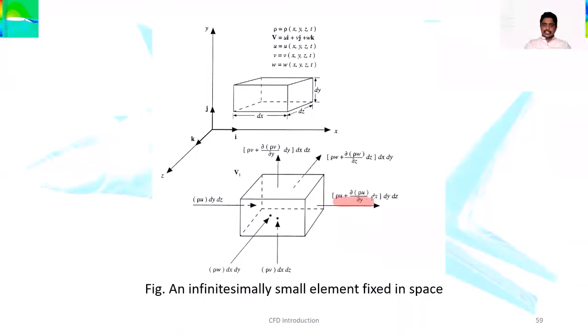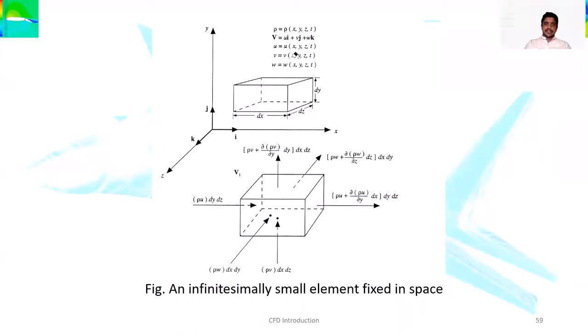What exactly this partial derivative is addressing in this equation is the variation. Here it is a mistake. That is not dou y, it is actually dou x. It is dou by dou x.